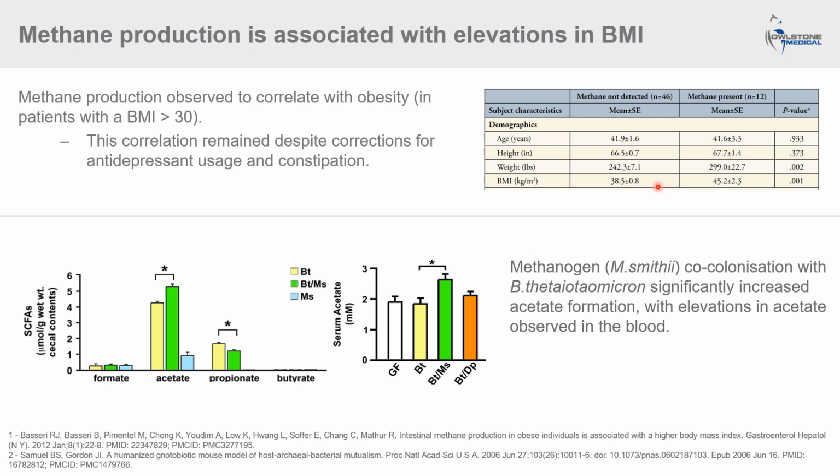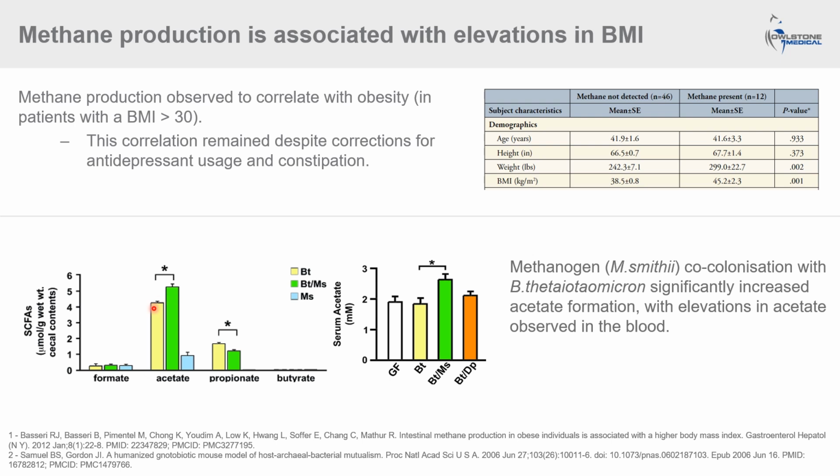The second potential link between methane and BMI is short-chain fatty acids. And here we have to cast our mind back to one of the earlier slides where we talked about potential co-colonization of methane increasing potential production of short-chain fatty acids. This has been demonstrated in vitro with either just the hydrogen short-chain fatty acid producing bacteria on its own in yellow or co-colonized with methane producing bacteria in green, demonstrating significant increases in acetate levels in co-colonization versus single colonization.